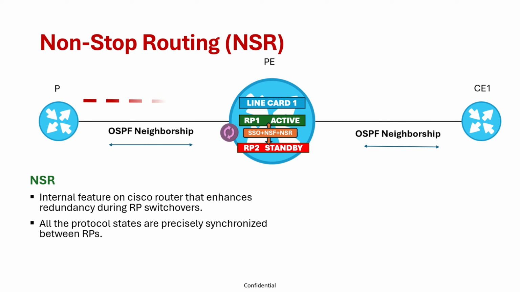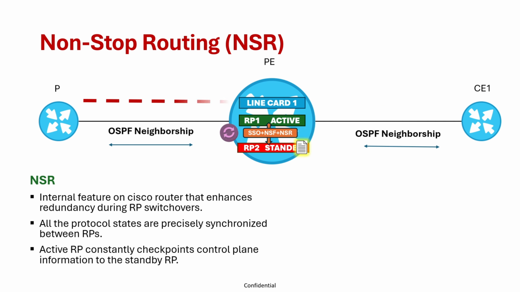The active RP constantly checkpoints control plane information like routing adjacencies and TCP connections to the standby RP and ensures continuous packet forwarding during RP switchover. The neighbor will not even feel the switchover has taken place. It will be instantaneous. The failure is handled internally and it is hidden from the neighbors.